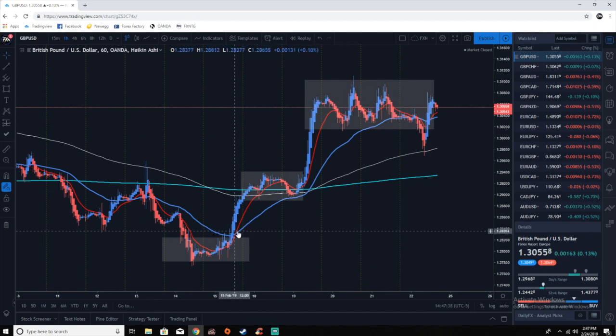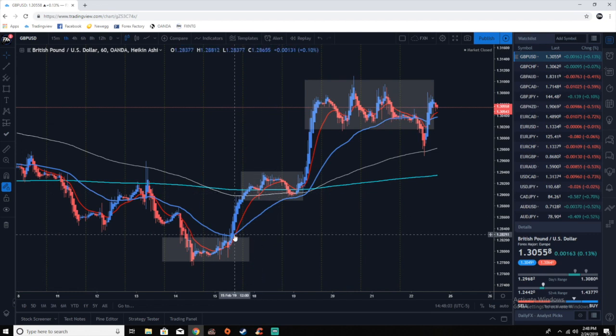So here's the cross of the 13 and 50, and then here's level 1. Keep in mind, guys, that when this crosses, price is already up here. Don't think that if this crosses, price is literally right here. It's not. When these two cross, price is already at this level.